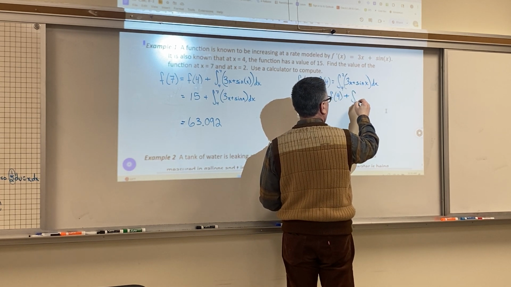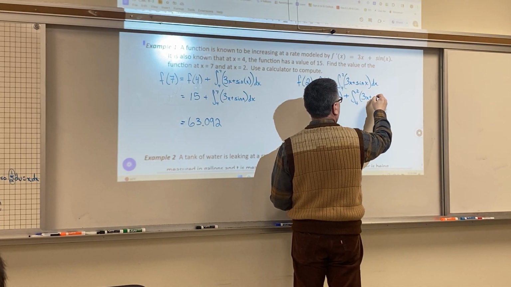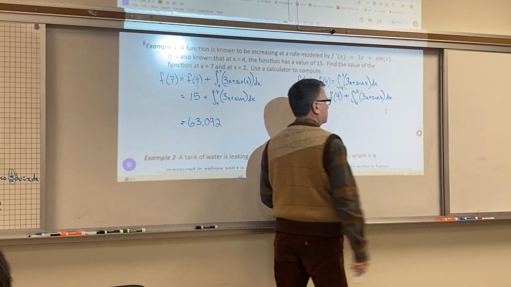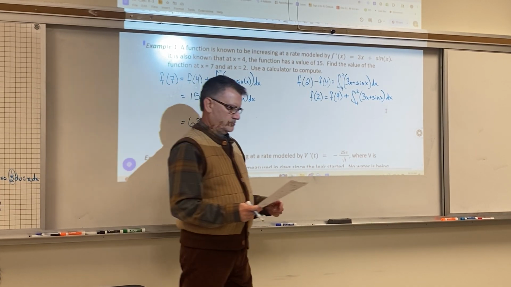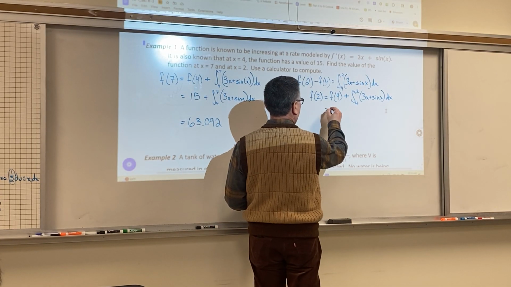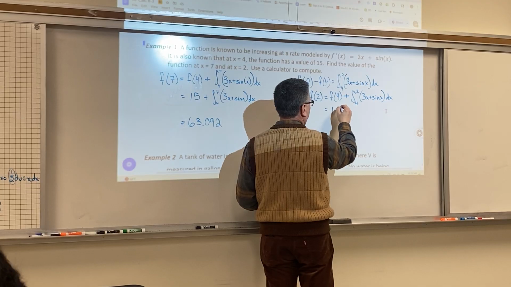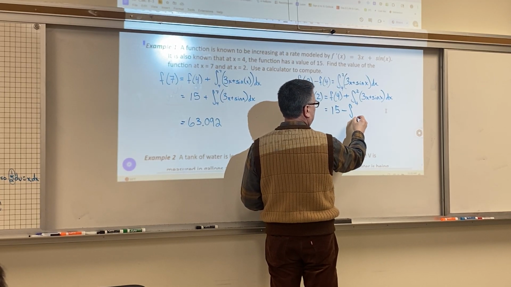Plus what's up there? 3x plus. Yeah, f of 4 hasn't changed. It's still 15.